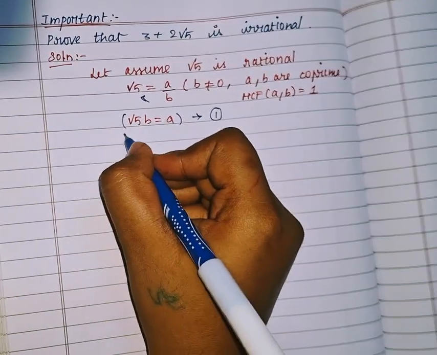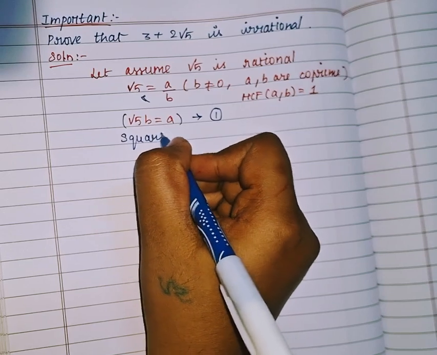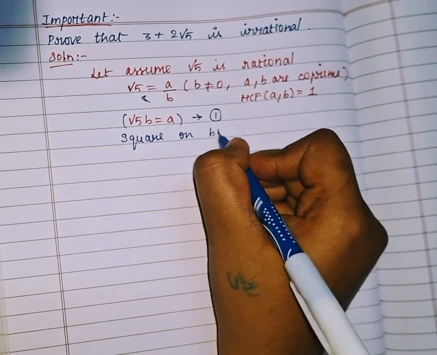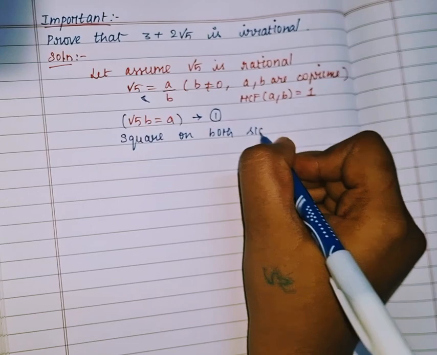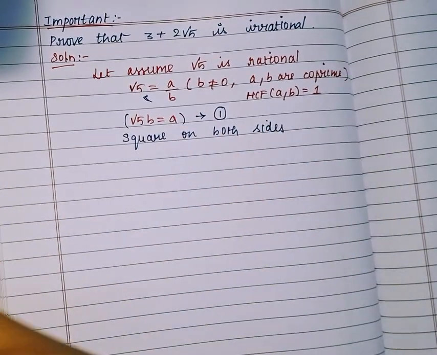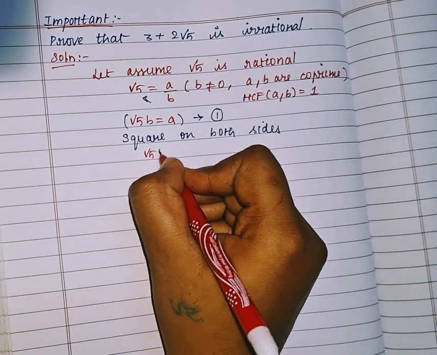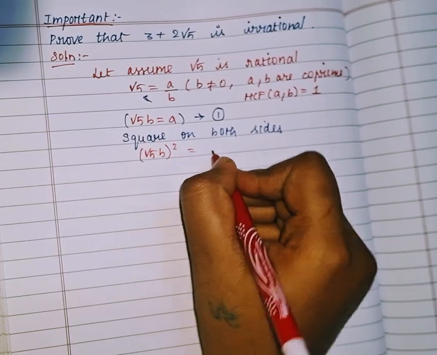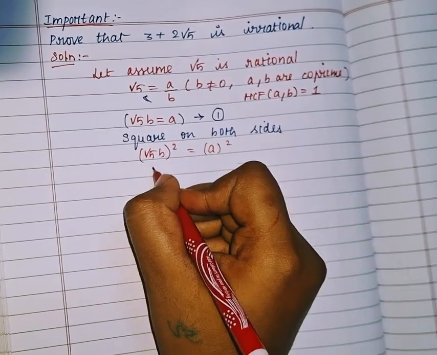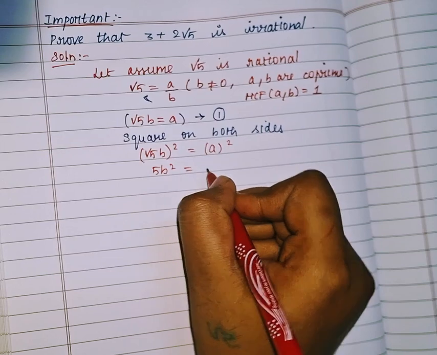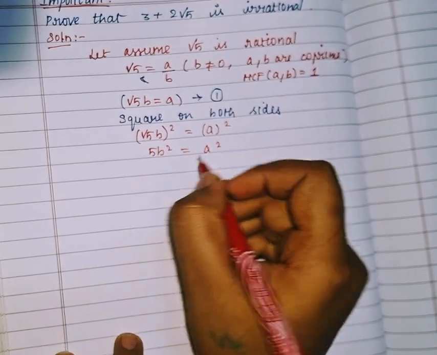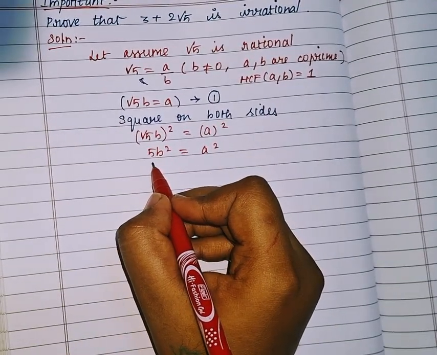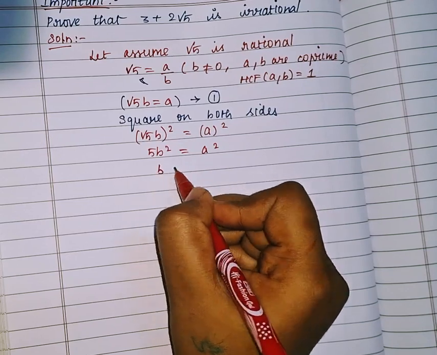Now we must square on both sides. Root 5b the whole square and a whole square. So we'll get 5b square and a square. So now we must divide this by 5.